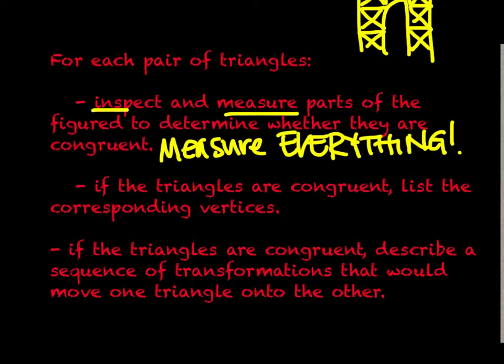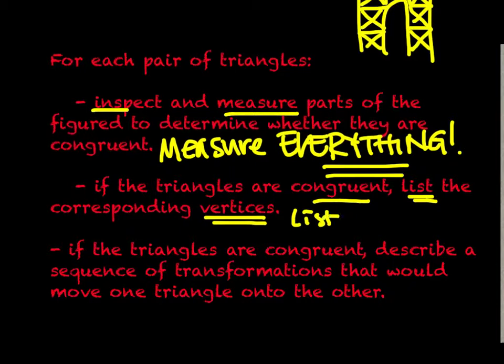After a while, you'll be able to eventually minimize your measurements to just a few specific things, but until you get to that point, I need you to measure everything. All of the angles, all of the line segments on each of the triangles. If you determine that the triangles are congruent, you need to list the corresponding vertices. So you need to list the angles that go together.